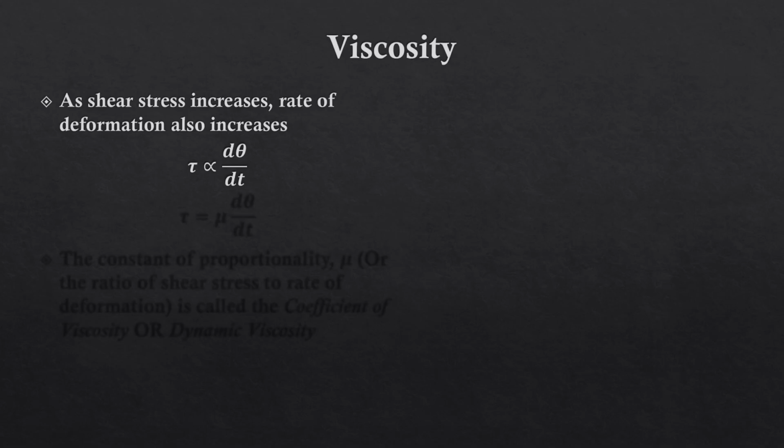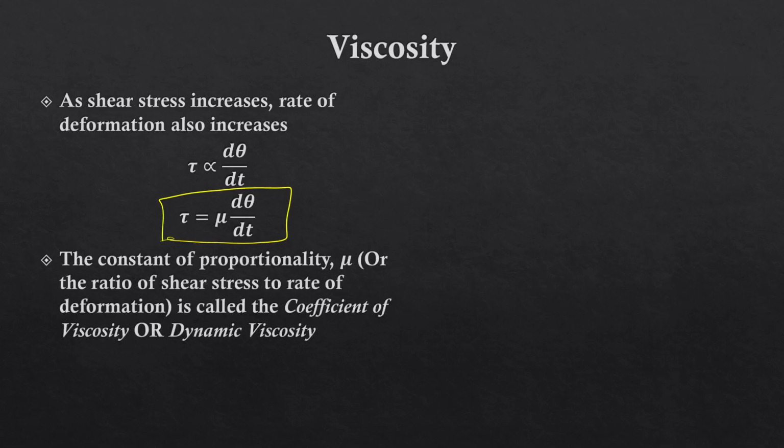So if we want to make this relationship an equation rather than just a proportionality relationship, then we'll have to introduce this term mu, that is tau equals some coefficient multiplied by d theta by dt. Now this constant of proportionality mu, which can also be defined as the ratio of shear stress and rate of deformation, is called the coefficient of viscosity or dynamic viscosity.